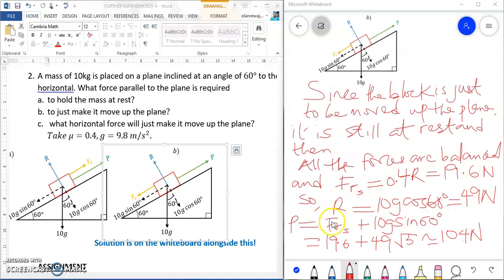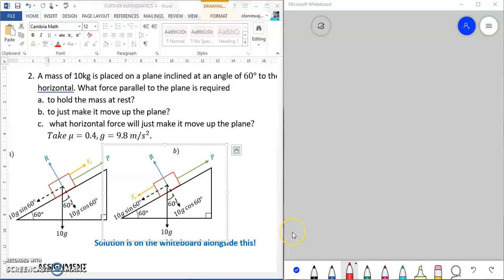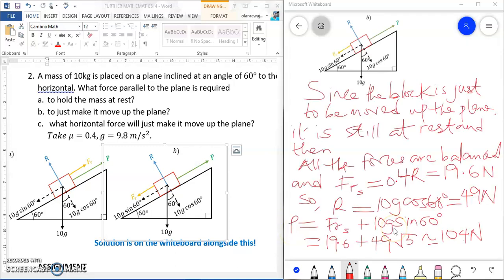Going on with this solution, we'll see that our P will be 104 newtons. Please note that the static frictional force would go in this downward direction, since the body is just about to be moved up the plane.